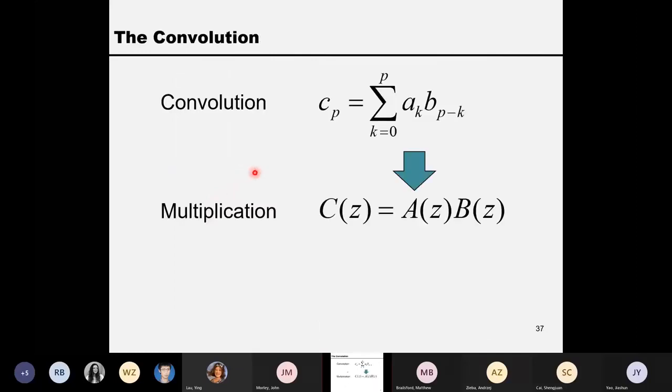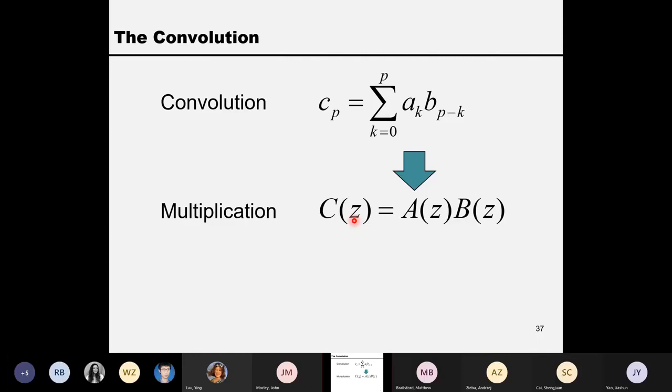Now, talking about convolution. Remember, we derived this by Z transform, and in the Z transform domain, it's simply a multiplication of two Z polynomials. And then remember, we can replace that by the time unit delay operator.